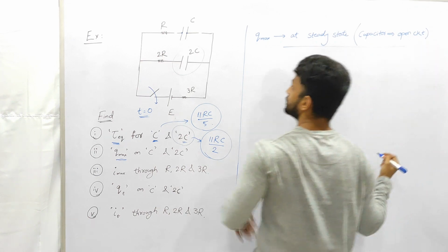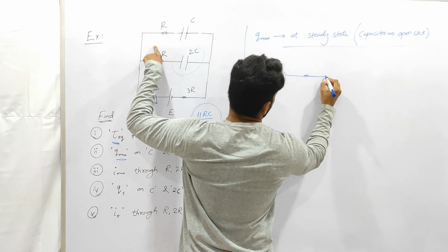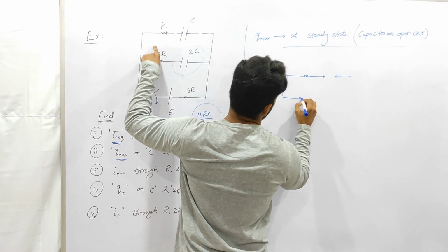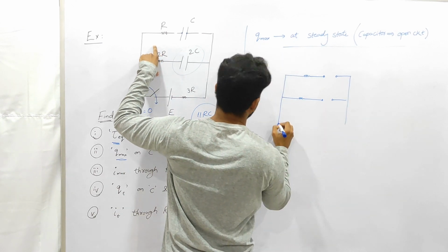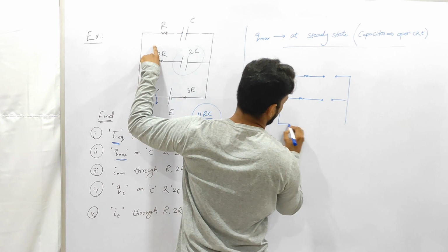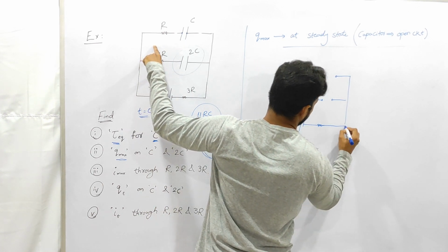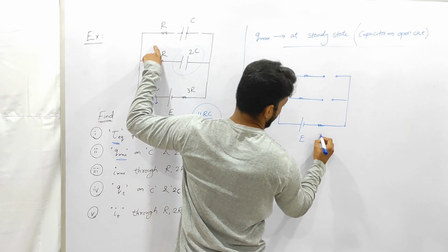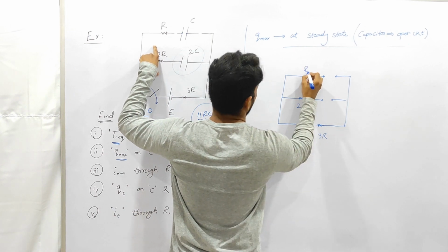Using this logic, let's draw the circuit in steady state. All capacitors are fully charged, no more further charging. So that is E, 3R, 2R, R.